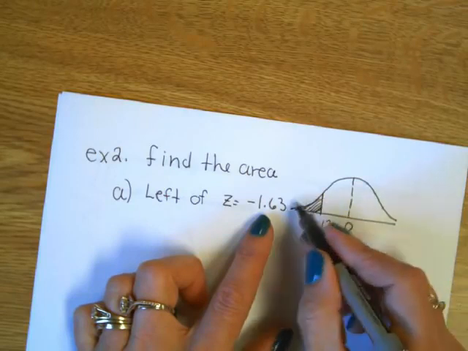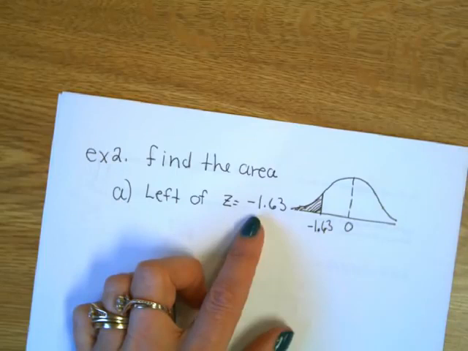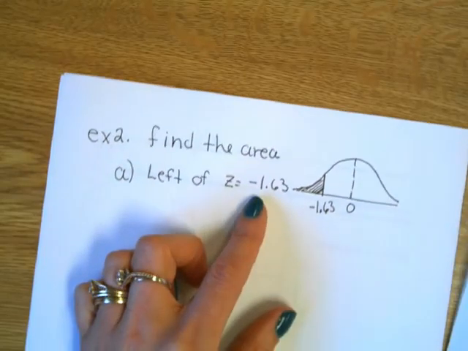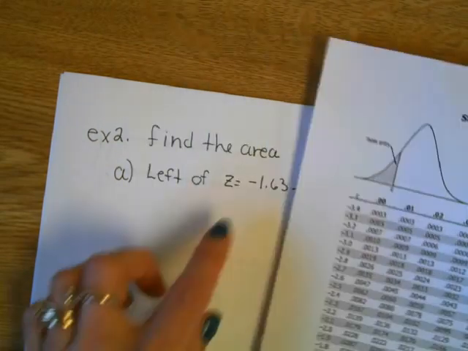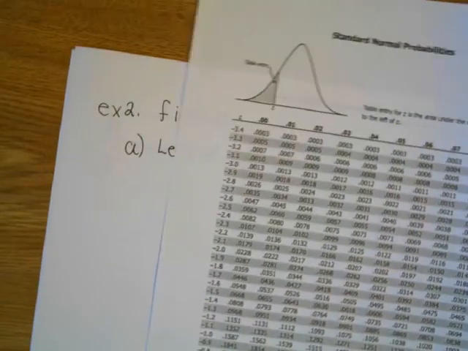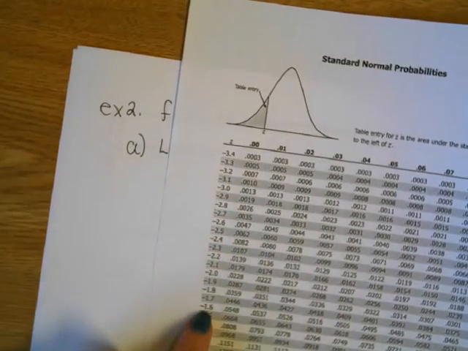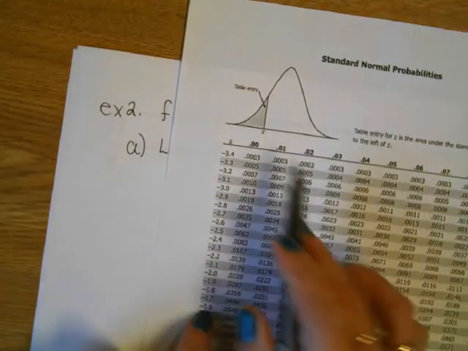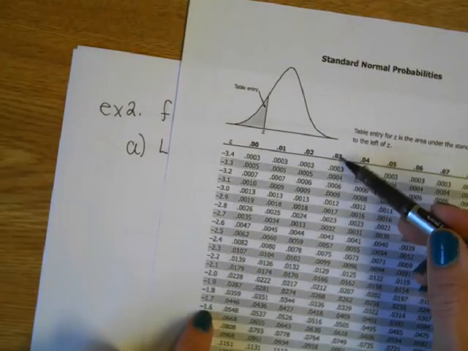Well, if I want the area behind something, all I've got to do is look up this z-score on the table. So, Austin, take your table, flip it over to the negative z-scores, look for negative 1.6. Down the column, go all the way down, find negative 1.6. Now go over, look at the top, go to the 0.03, because we want negative 1.63.